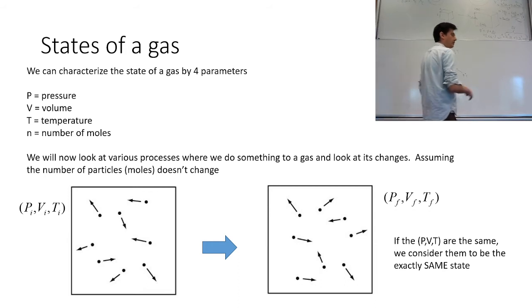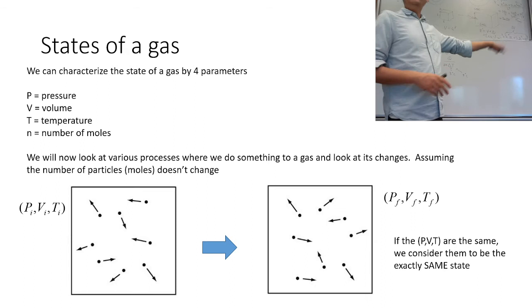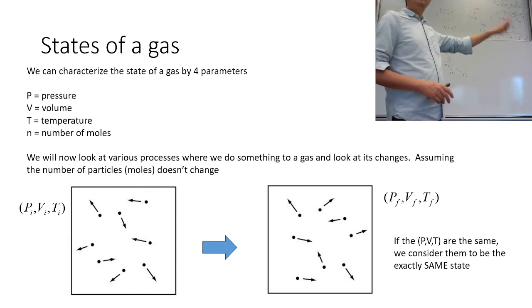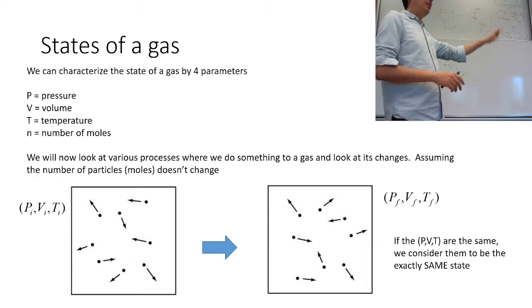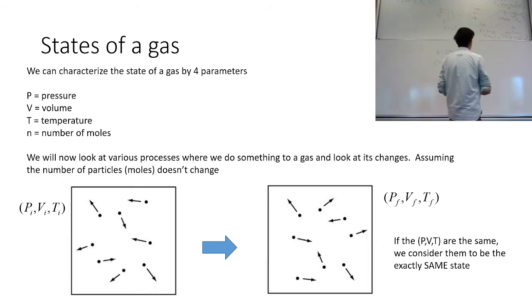So from a microscopic perspective, you should need information about every single atom, where it's located, how fast it's going, everything about the system. So like a full description of this system.